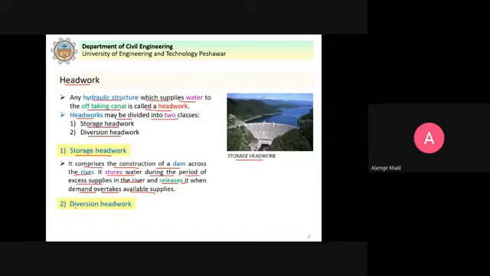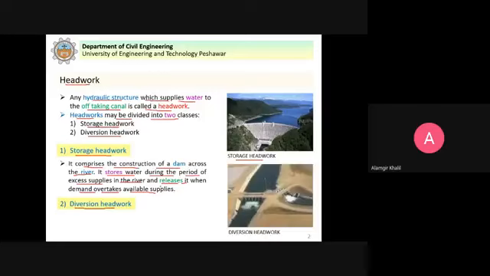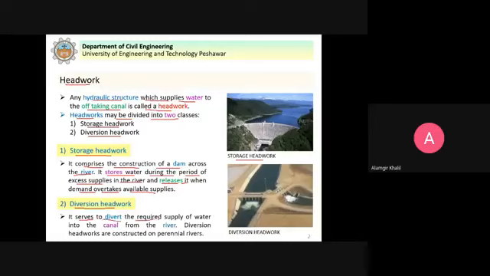The second one, that is diversion headwork. So what is this? It serves to divert the required supply of water into the canal from the river. Diversion headworks are constructed on perennial rivers.